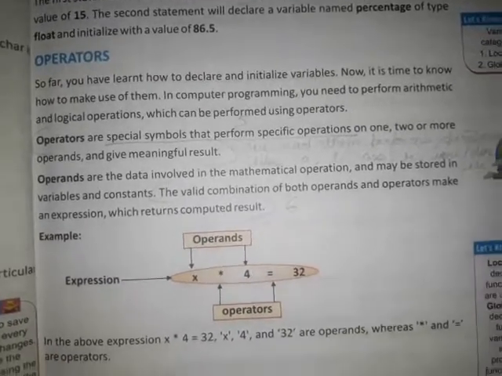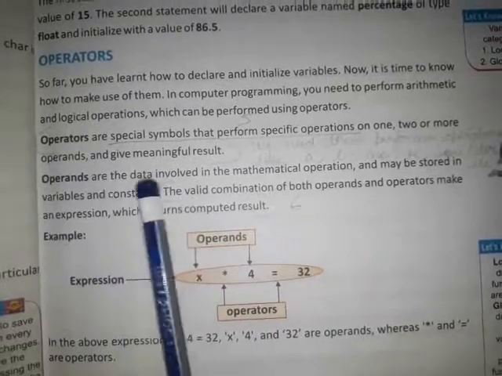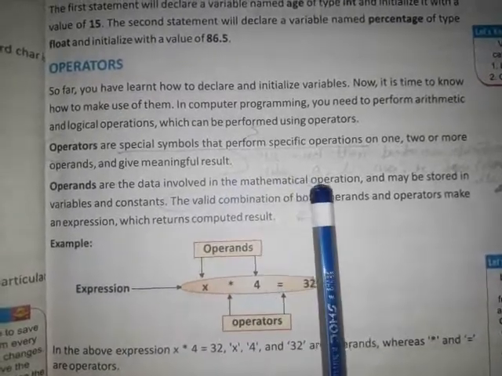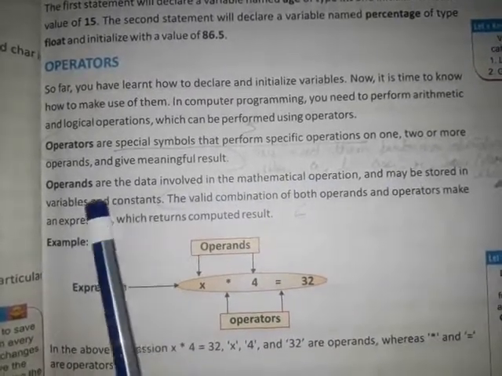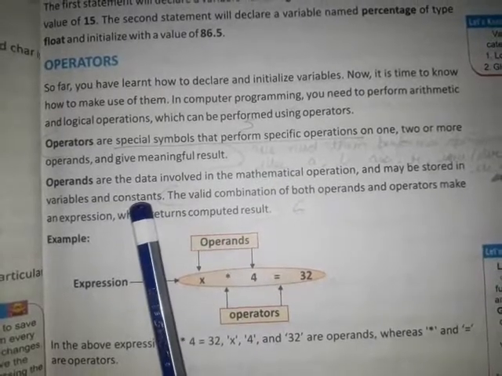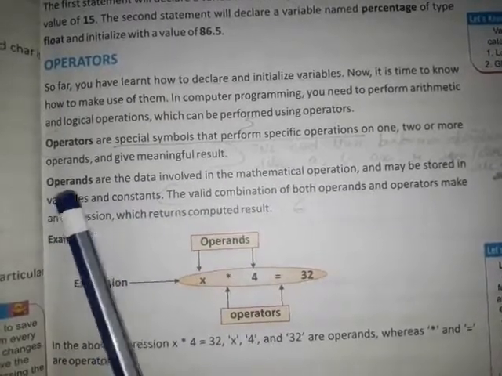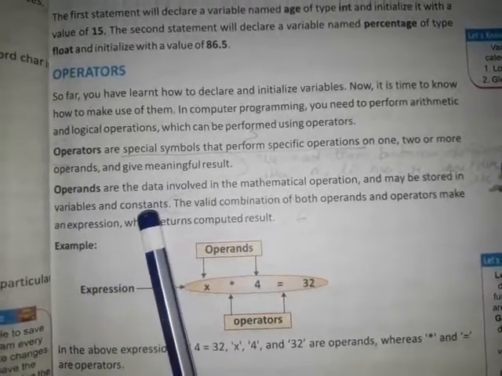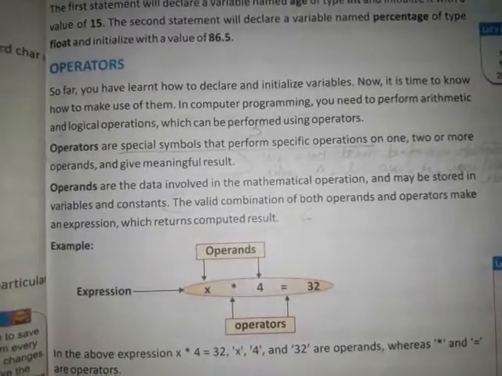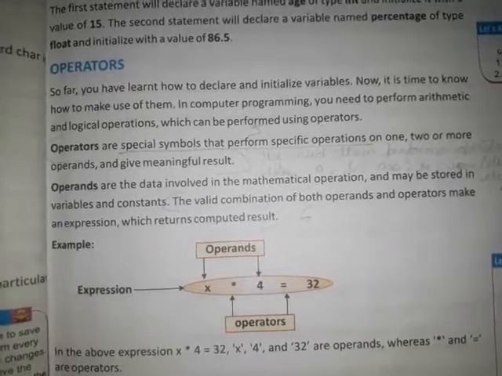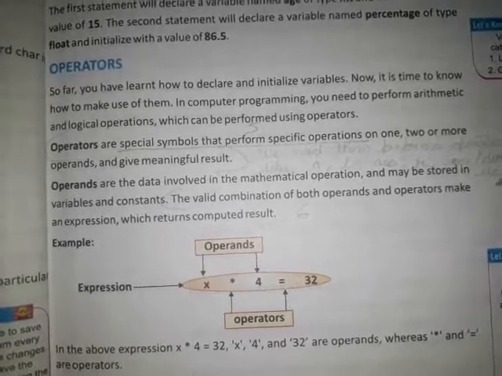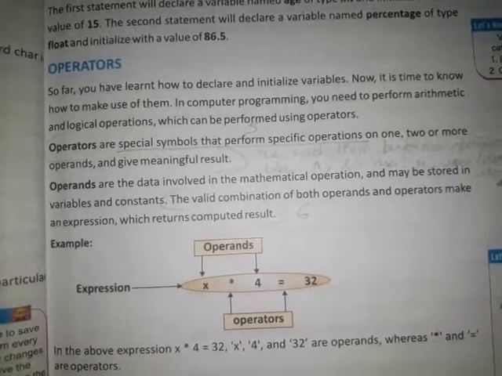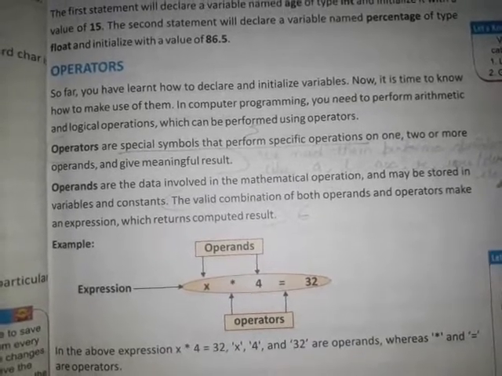So what is an operand? Look at here. Operands are the data involved in the mathematical operations and may be stored in a variable or constant. So operands are either variables or constants, which contain some data. A variable also contains some data. Numeric constant means 5, 6, 7. These are all constants. So operands deal with data.